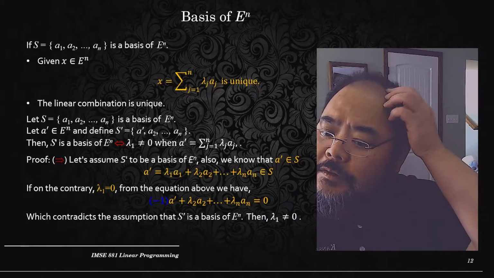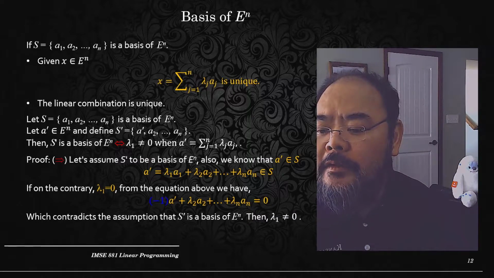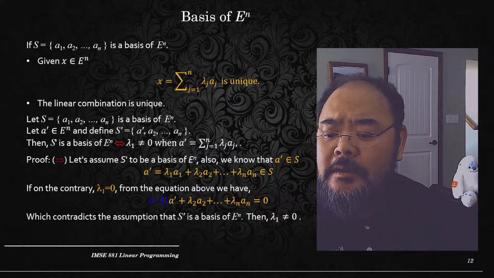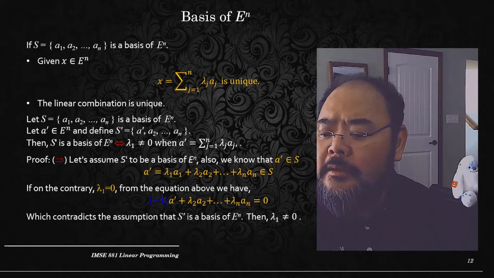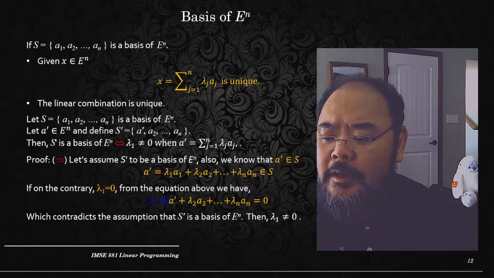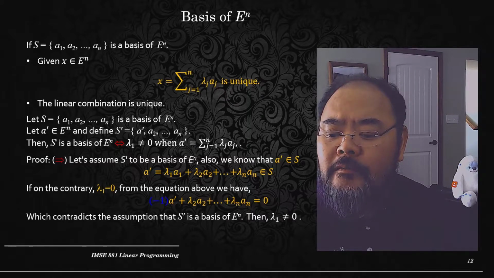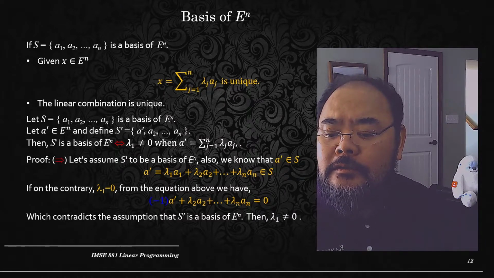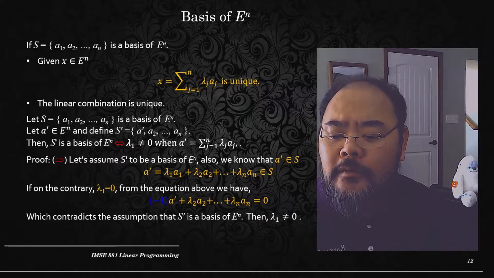To prove this, let's formally set up a theorem. Let S be the basis of En, and also let A prime belong to En, and define another set S prime formed by A prime, A2, then to An.